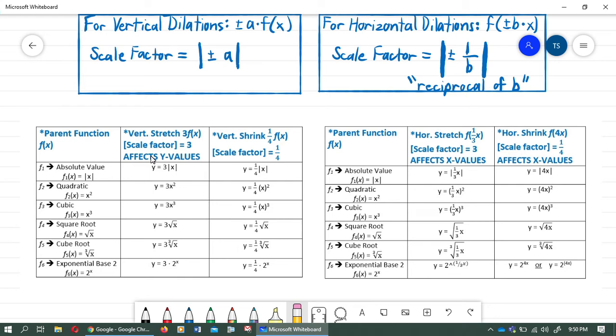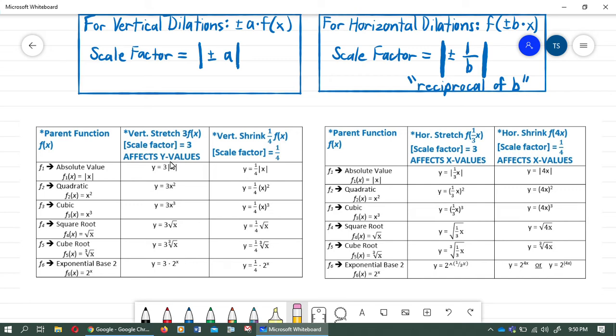Remember that a vertical stretch or a vertical shrink is going to affect your y values. What am I saying? If the scale factor is 3 for a vertical stretch, that means that your y values will grow by a factor of 3.